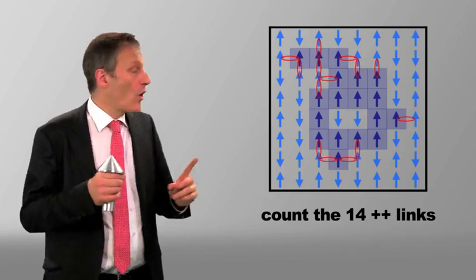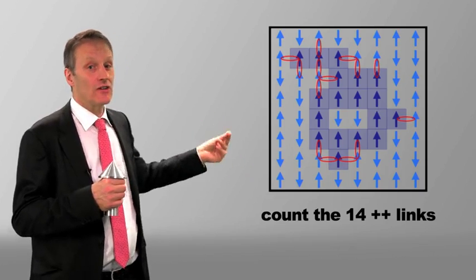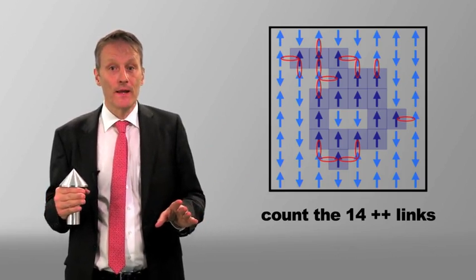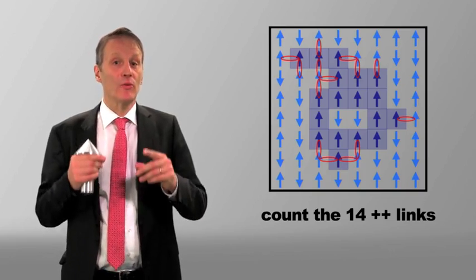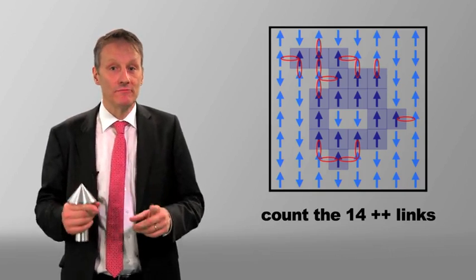For each of these 14 links, the extension of the cluster was rejected because at some time a random number was drawn and it was larger than p.